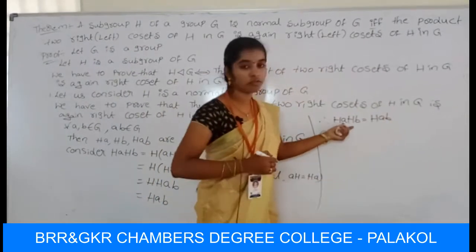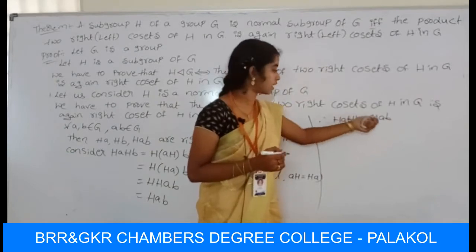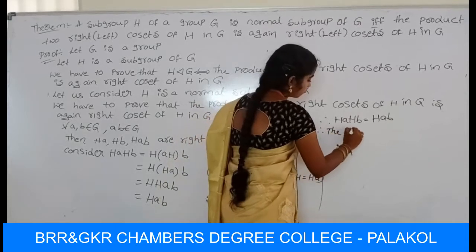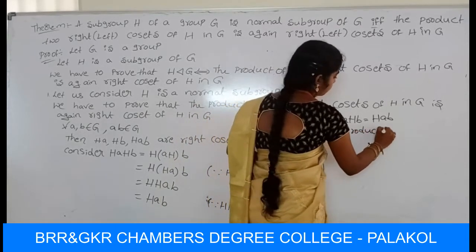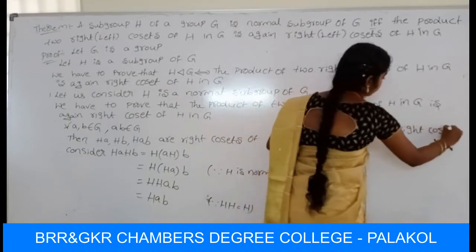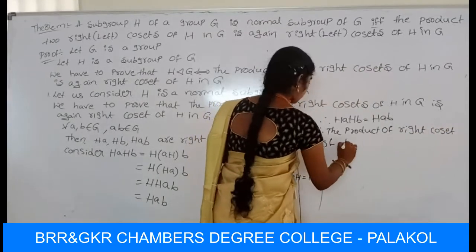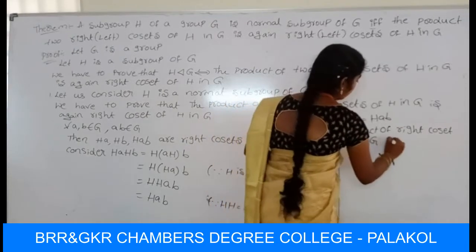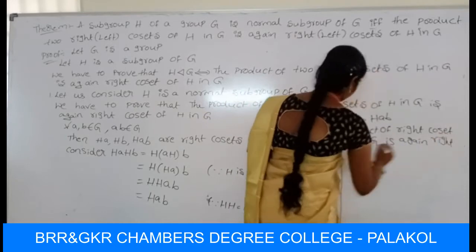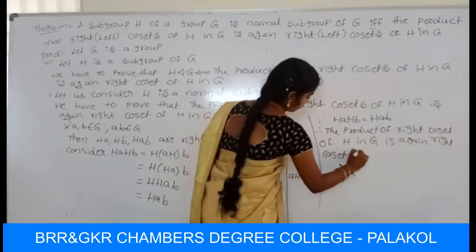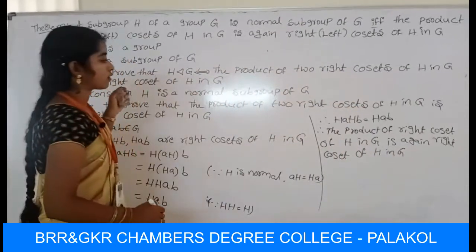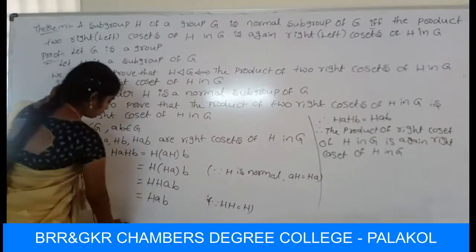So the product of right cosets of H in Z is again a right coset of H in Z. So this is the first part, and next the converse part.